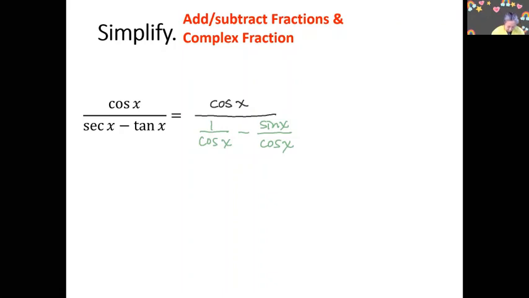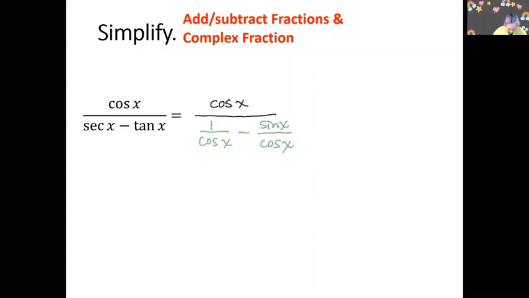Then now, remember how we add fractions here. Then, especially the denominator. Two fractions separately, 1 over cosine x and sine over cosine x, they are fractions that already have common denominators there, right? So it's easy for us to just combine the fractions on the denominator in the next step.